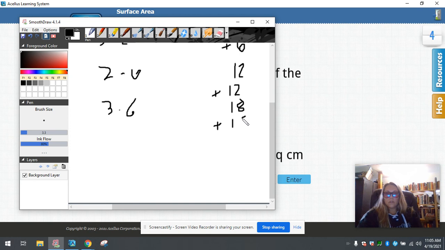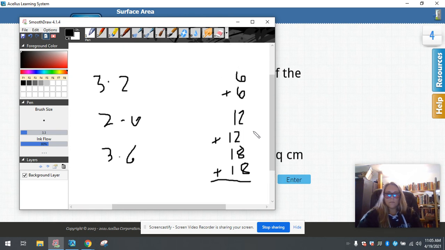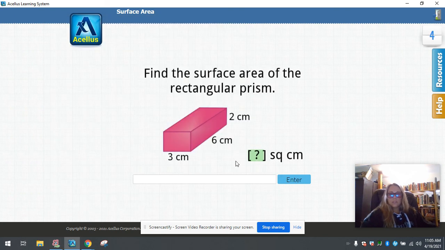And now that I have all of the areas of each side, I'll add them all together. 6 plus 6 is 12, plus 2 is 14, plus 2 is 16, plus 8 is 24, plus 8 is 32. Here's my 3. 3 plus 1 is 4, plus 1 is 5, 6, 7. So it should be 72 square centimeters.